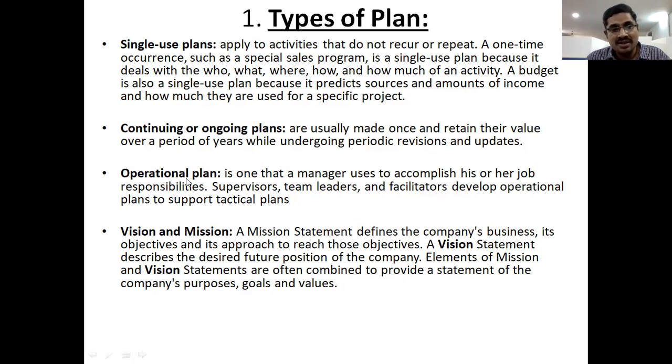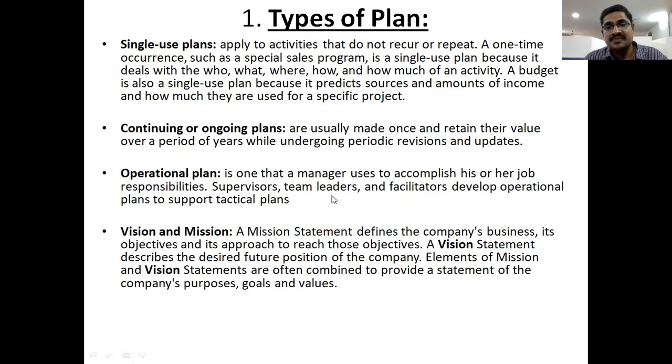Next, operational plans. Operational plans mean doing the production activities. The team leader continuously plans and develops the operational plans, which support the tactical plans.